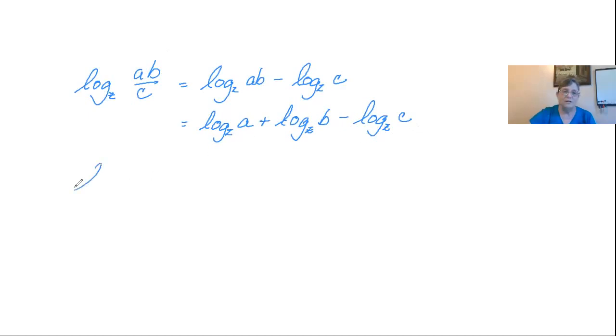Furthermore, if you have exponents in this expression, let's say we have a cubed times the square root of b over c to the 5th times d.